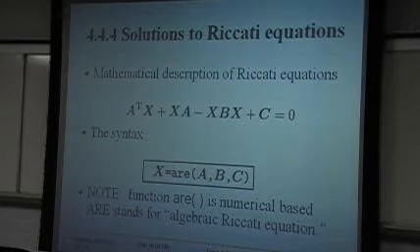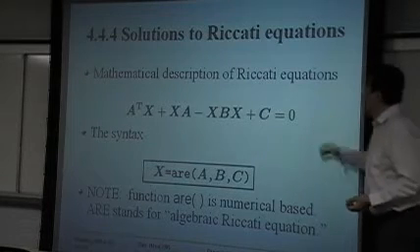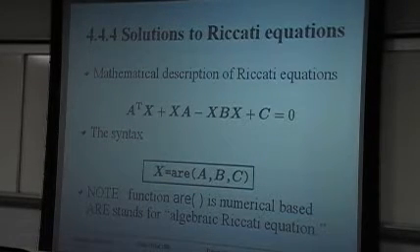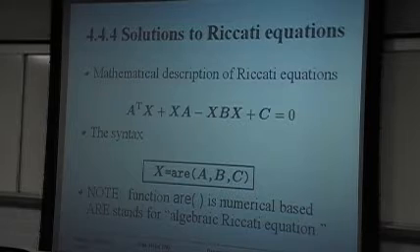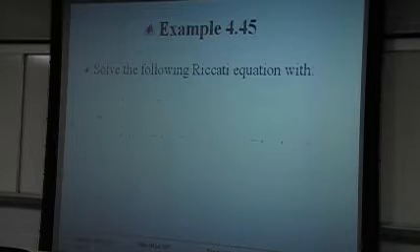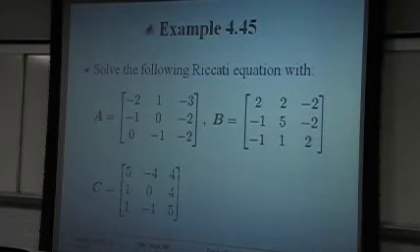For matrix equations, how many solutions to the problem can be found? Since if we use the ARE function, you can only find one solution. How can we find other solutions?